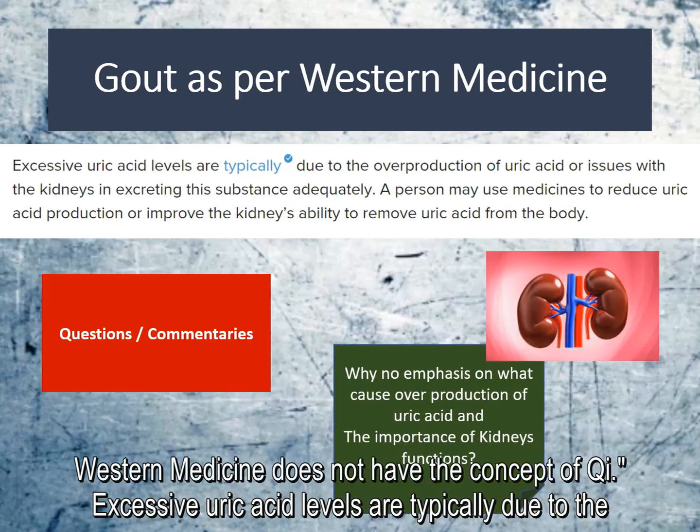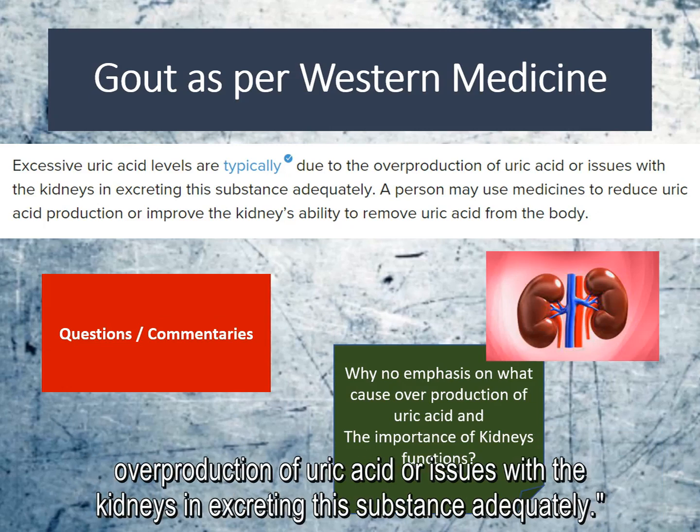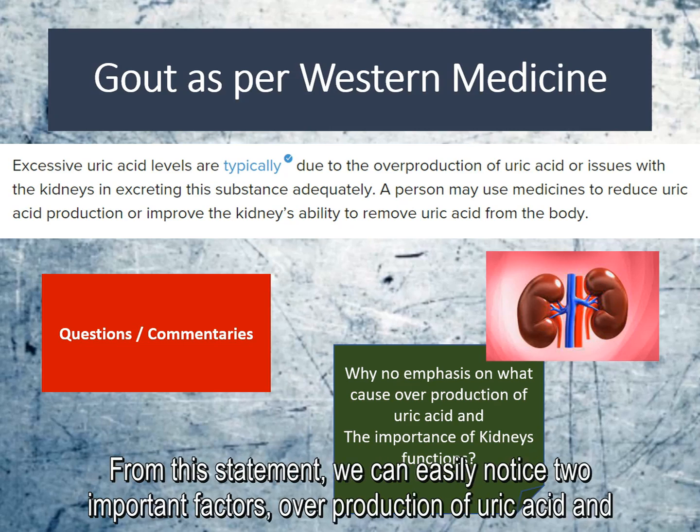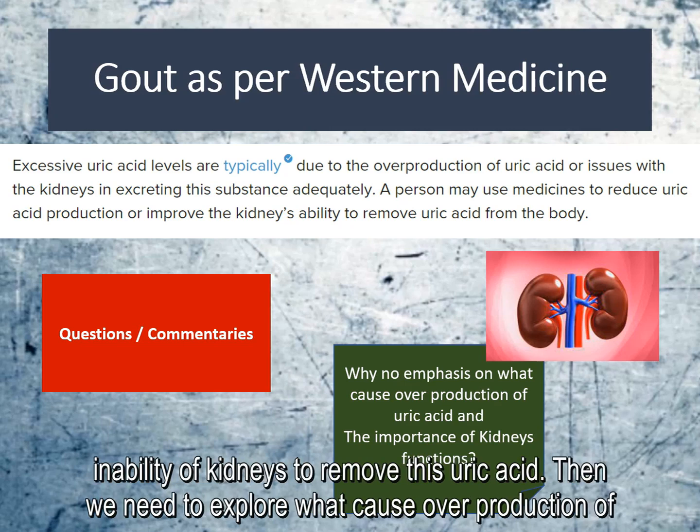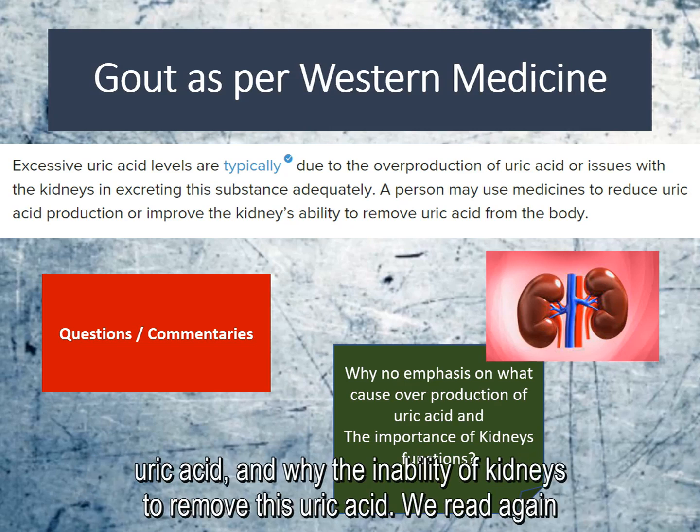Excessive uric acid levels are typically due to the overproduction of uric acid or an issue with the kidney in excreting this substance adequately. From this statement, we can easily notice two important factors: overproduction of uric acid and inability of the kidney to remove it. Then we need to explore what causes the overproduction of uric acid and why the kidney is unable to remove it.